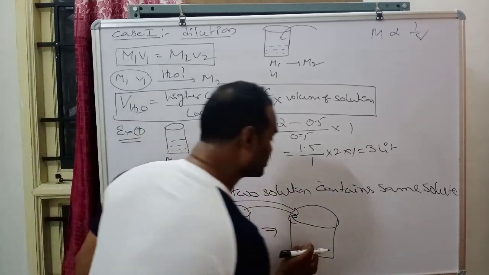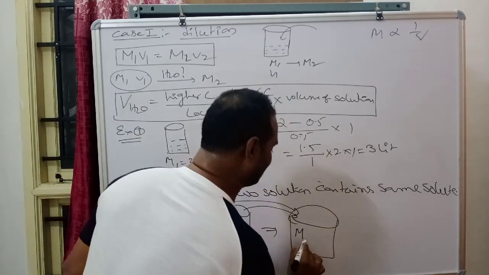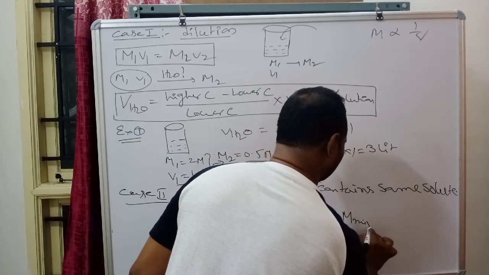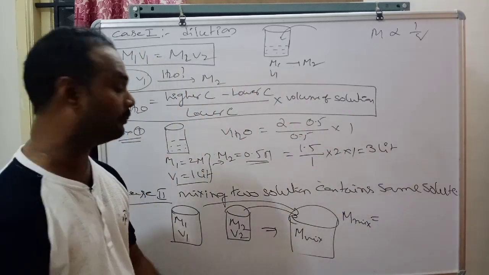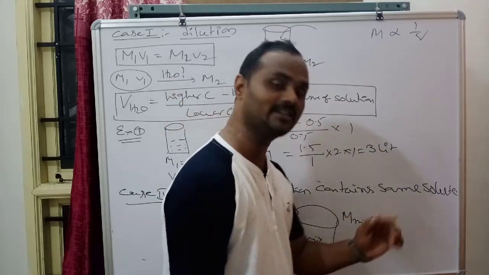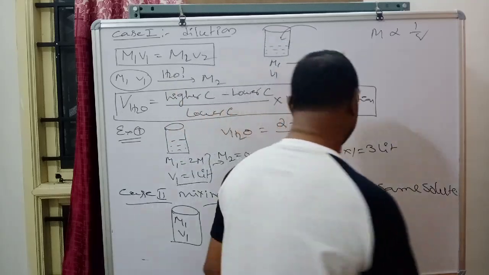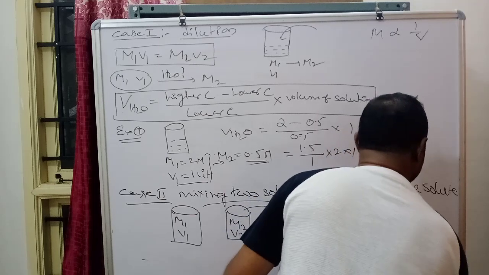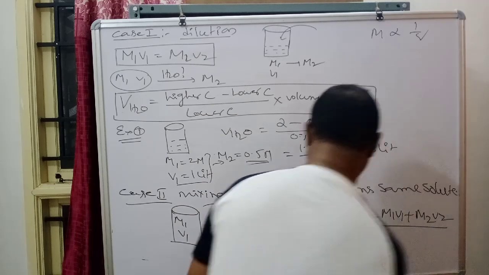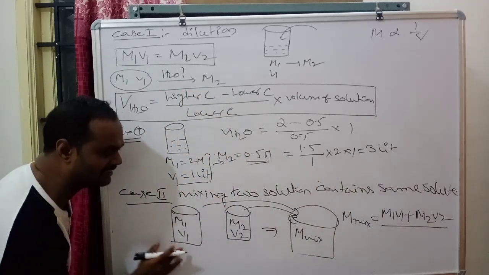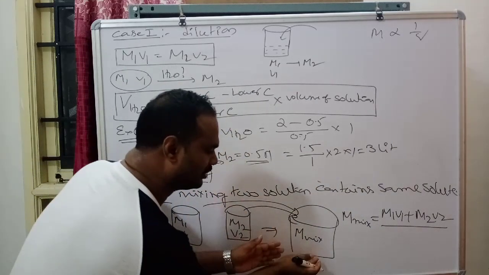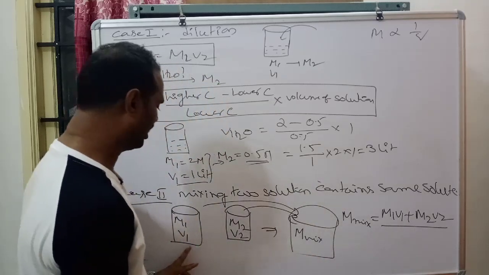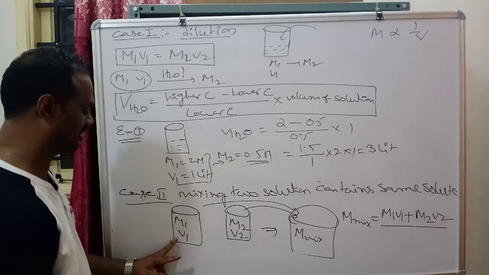The resultant solution concentration, M mixed, the mixed molarity or resultant molarity, is equal to M1V1 plus M2V2, divided by the total volume. Suppose this is 1 liter and that is 1 liter; together, 1 plus 1, 2 liters. So the total volume in this container is what?